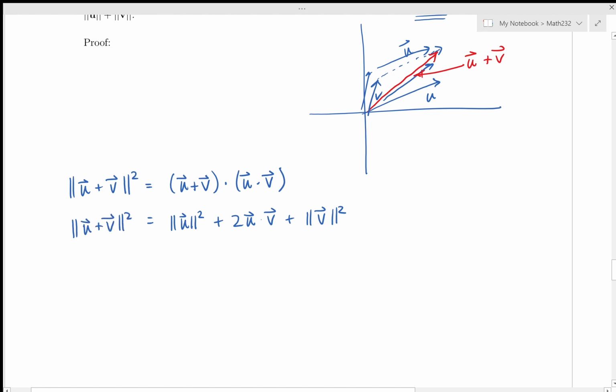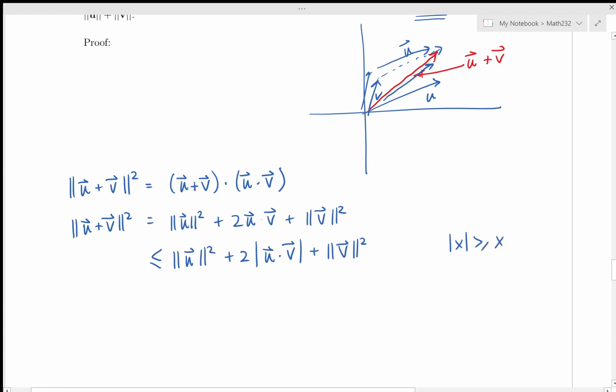Okay, now I'm going to continue going, and I'm going to say this is less than or equal to, and I'm going to take the absolute value. Why can I do that? Well, because the absolute value of x is always greater than or equal to x for all x.